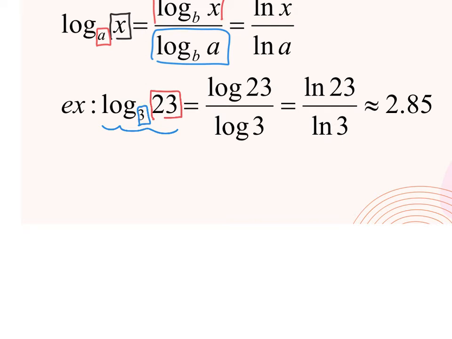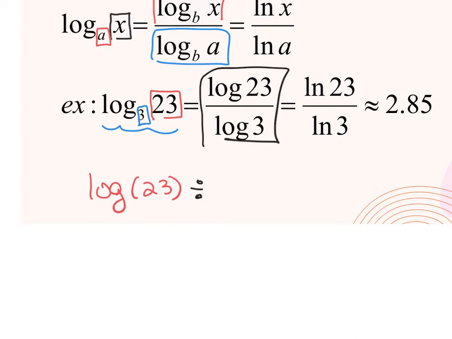So if you're keying this in your calculator, you're going to be doing log. You're hitting the log button. It'll open a parentheses on most calculators. Close the parentheses. Then you're going to divide. So this fraction means division. And then you're going to hit the log button again. It'll open a parentheses. Close the parentheses.